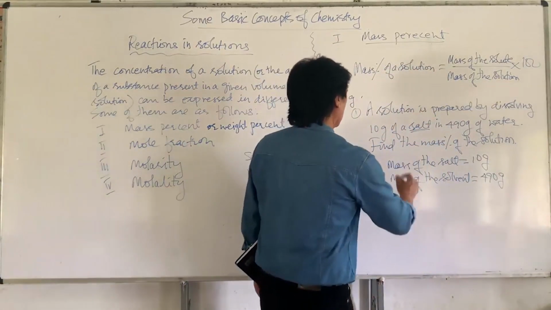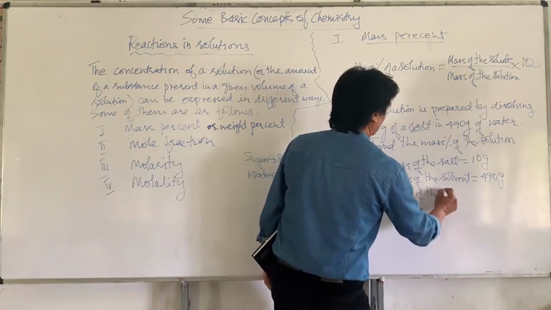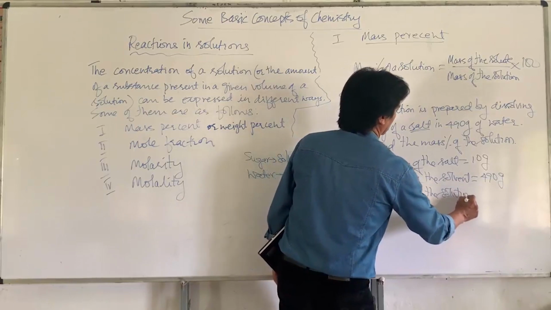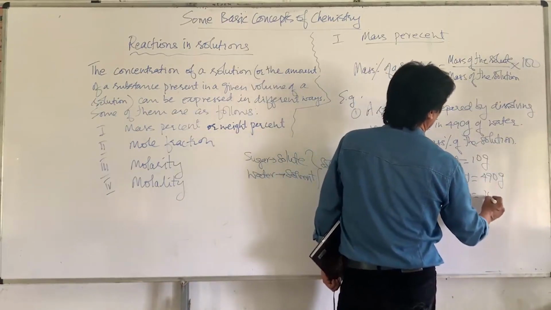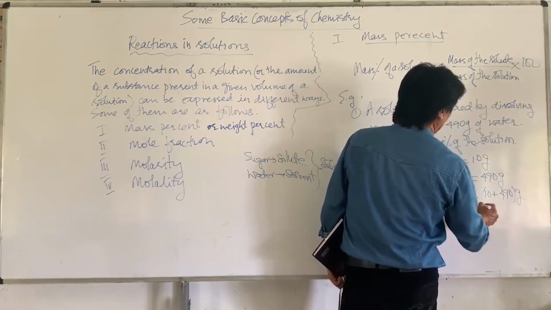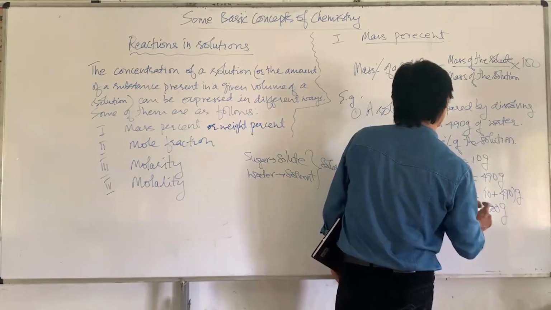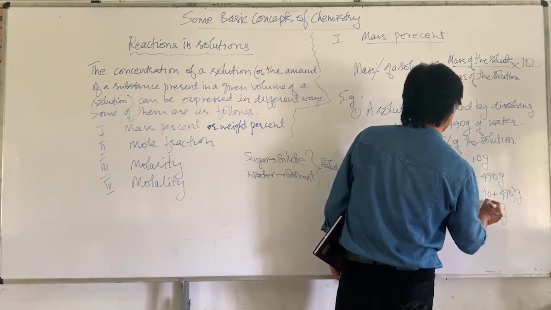And then mass of the solution, that is total mass of the solution here, is the sum of these two, that is 10 plus 490 grams, which is nothing but 500 grams.